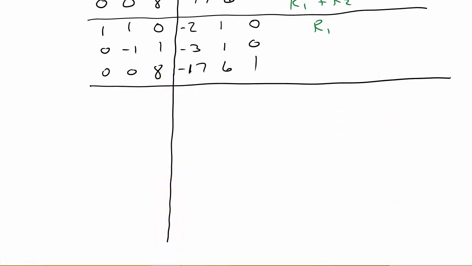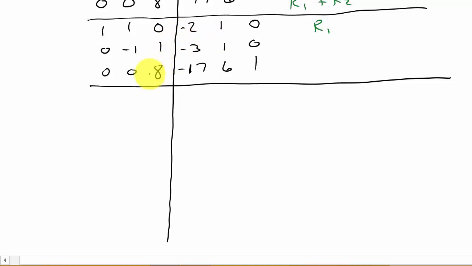All right. So now let's see. Well, look, I could do row 1 plus row 2 and replace it to get the 0 here, but what happens? I would lose this 0 because 0 plus 1 is 1. So what I need to do is I need to go ahead and get this one to go to 0 using this row.